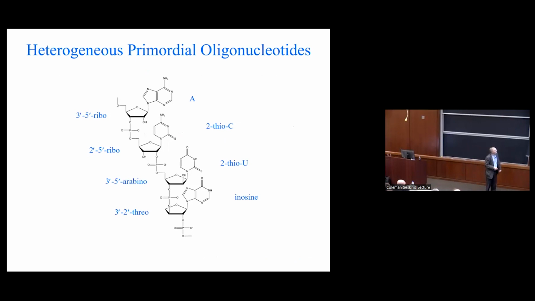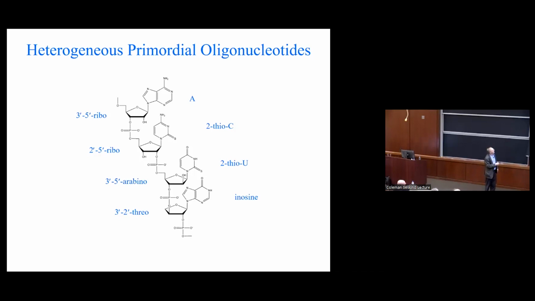So if you start to think about what else might have been around on the early Earth, and looking at all the chemical synthesis pathways, for example, and looking at some of the properties of RNAs, it starts to look more complicated and messy. And so this is just the tip of the iceberg as to how messy things could be.